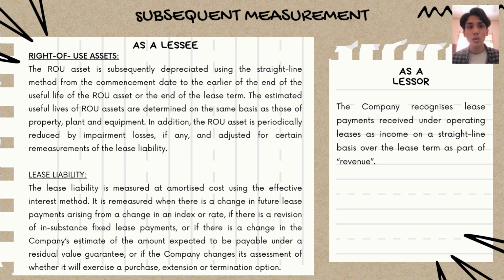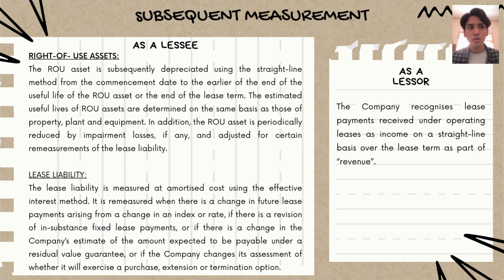Secondly, the subsequent measurement. As a lessee, also have two parts. First one is right of use asset. The right of use asset is subsequently depreciated using the straight line method from the commencement date to the earlier of the end of the useful life of the right of use asset or the end of the lease term.